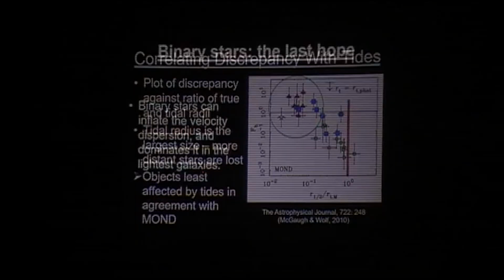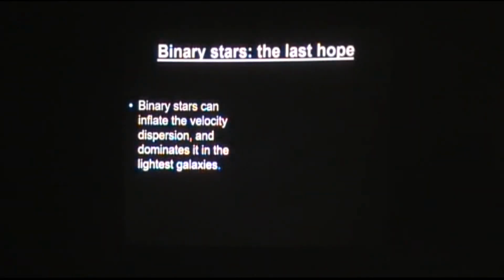So one final thing that people thought was that binary stars can inflate the velocity dispersion in the lowest mass galaxies. Right? It's only a few kilometers a second. What happens there? First of all, binary stars you could discover by repeated observations over different lengths in a lot of the cases.